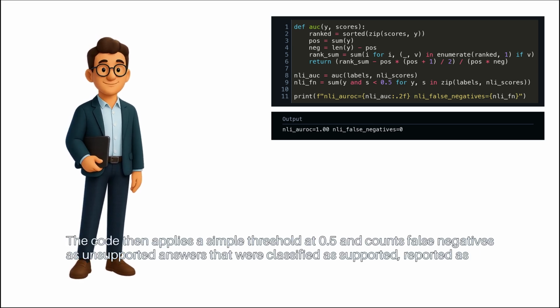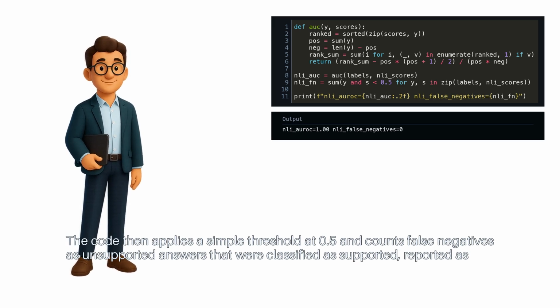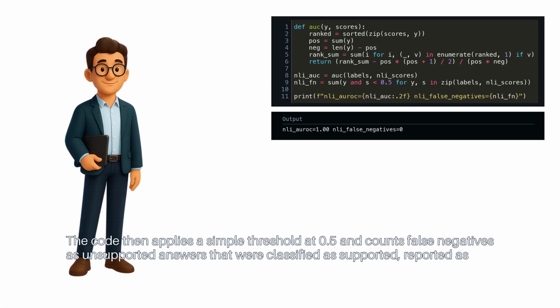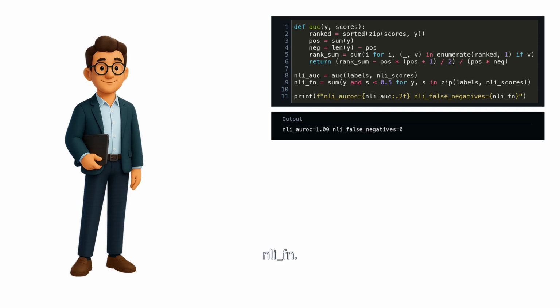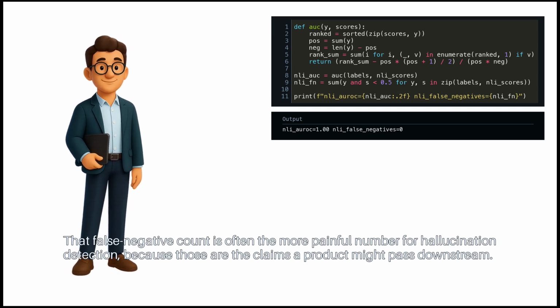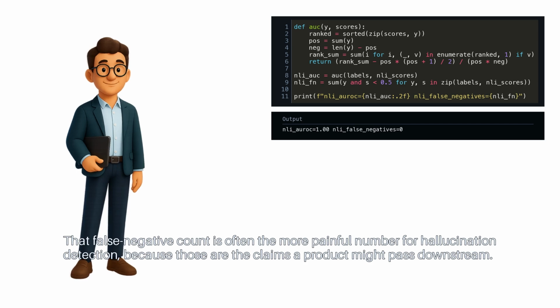The code then applies a simple threshold at 0.5 and counts false negatives as unsupported answers that were classified as supported, reported as NLI_FN. That false negative count is often the more painful number for hallucination detection, because those are the claims a product might pass downstream.